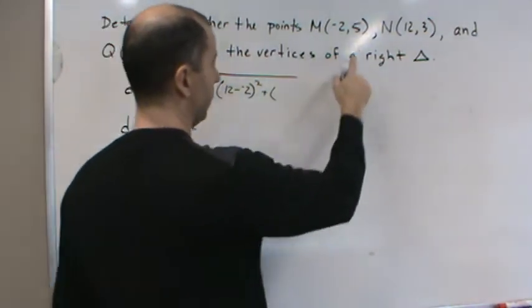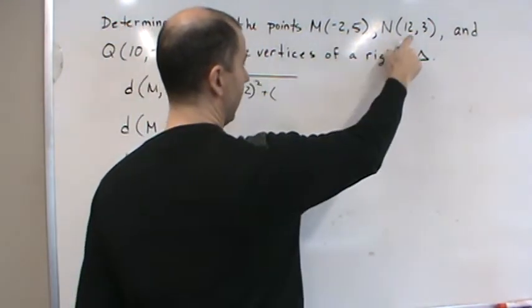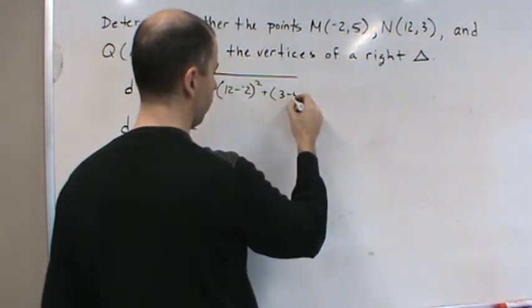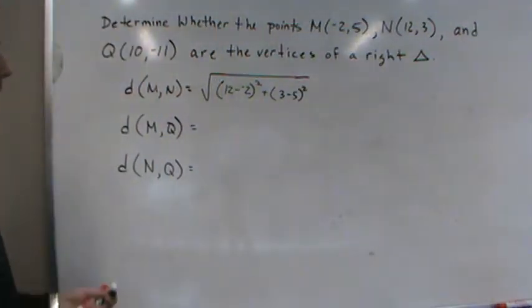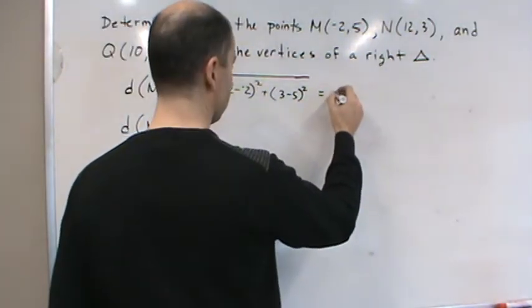Be careful. Don't do what I did. I went to the wrong one. So x to x, and then 3 minus 5 quantity squared. Now, let's simplify this and see what we get.